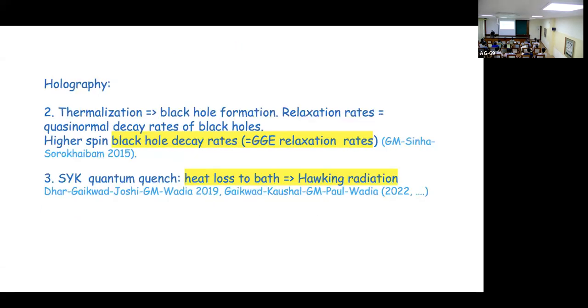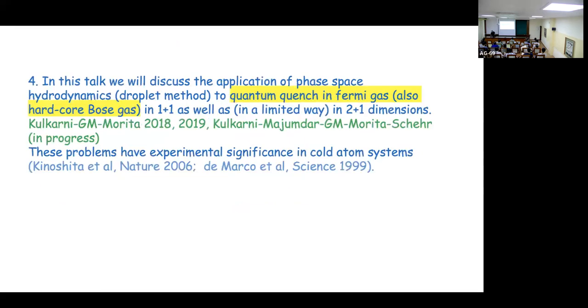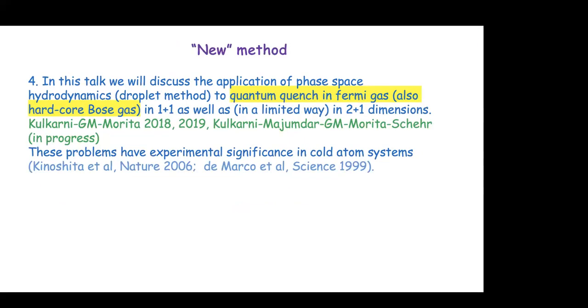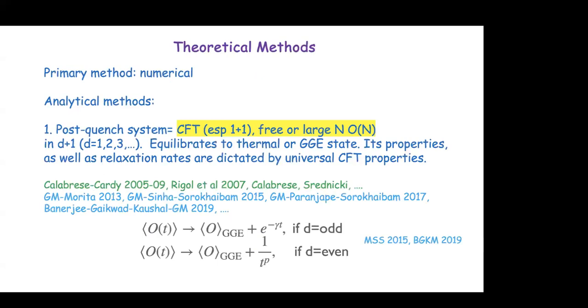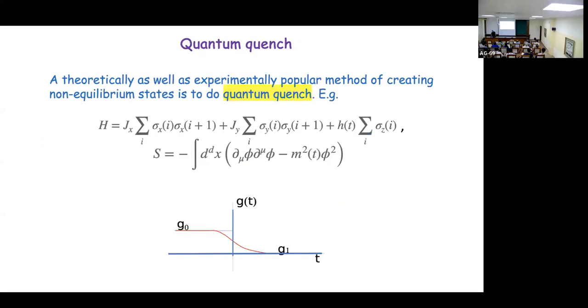Sorry, Gautam. Can I ask a question? To your point number 1, what kind of physical systems will go to a CFT or a free or large N theory post quench? For what systems is this a good description?